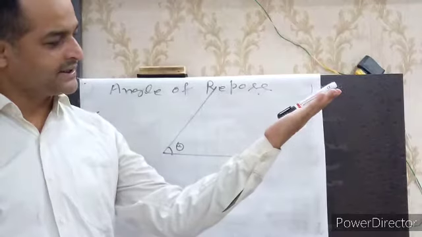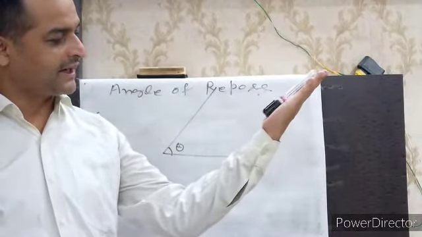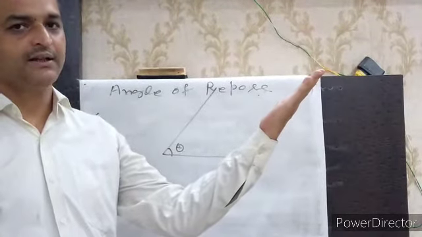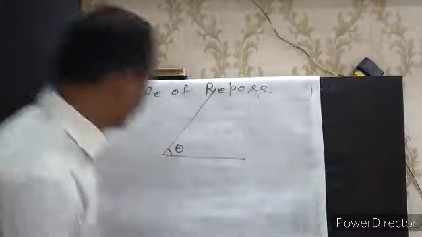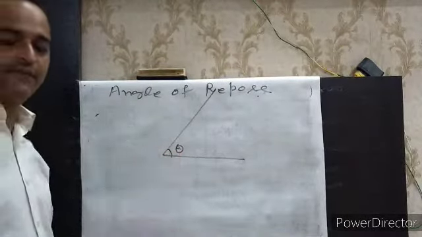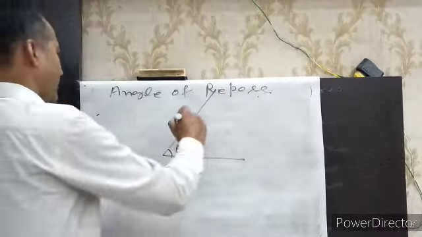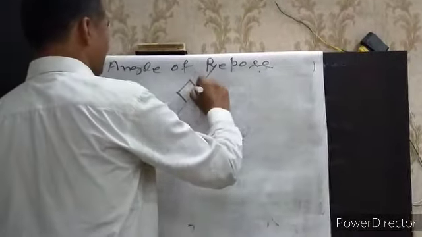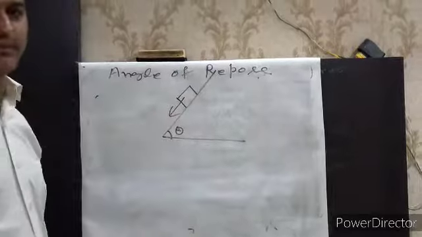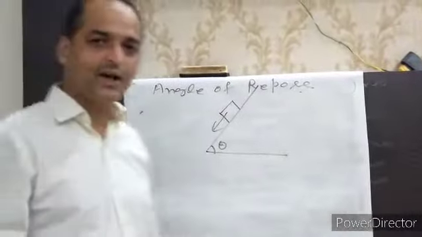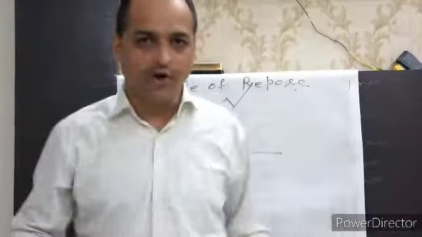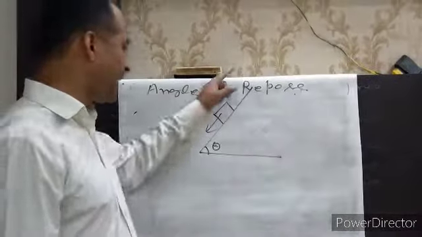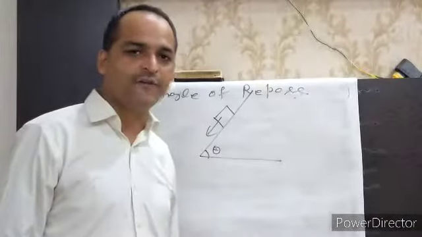Now I am again increasing, then there will be an angle when the body moves. The angle of inclination for which the body just begins to slide is called angle of repose. What is the angle of repose? That angle of inclination for which the body just begins to slide.